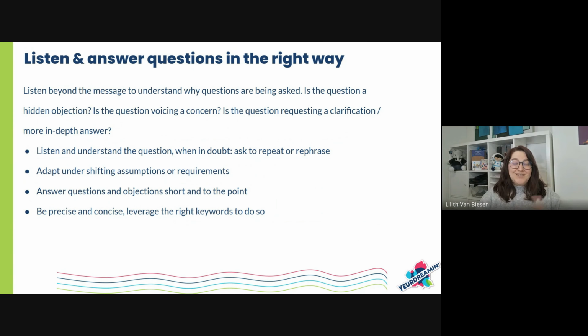So you also need to answer questions, because it's good to ask them, but you will likely get some questions in return as well. And there it's important to really think about the message, right? If they are asking a question, there's more ways than one to understand or to read this particular question, read between the lines. Is this question coming from a hidden objection?